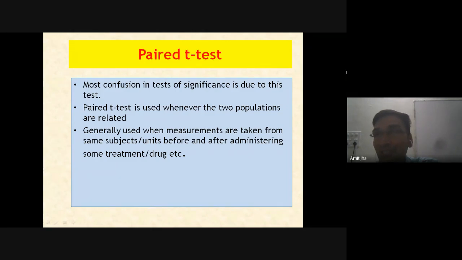The scientists claim that their method is the best. So to find out, we take the same blood and first calculate the serum parameters one way, and the other time the other way. So again we are having two sets of observations from the same sample. So this is called the paired t-test.